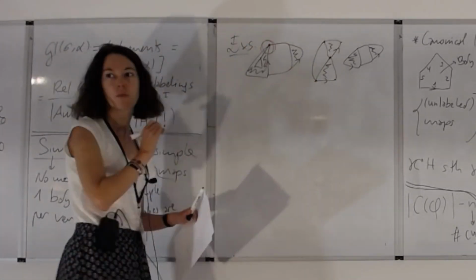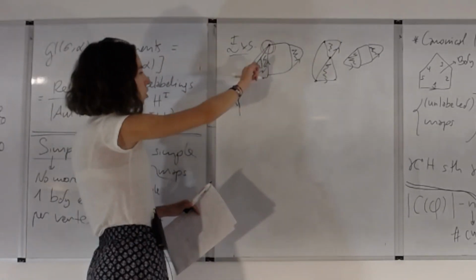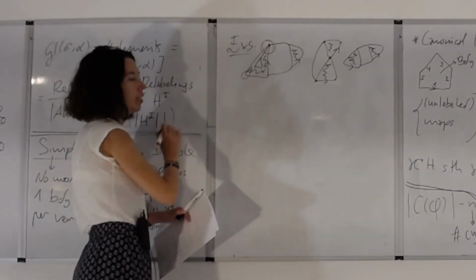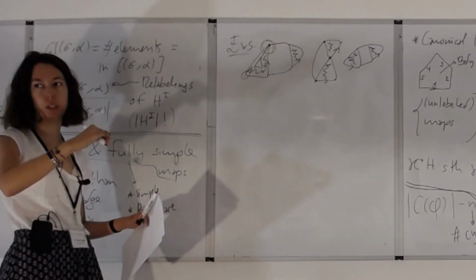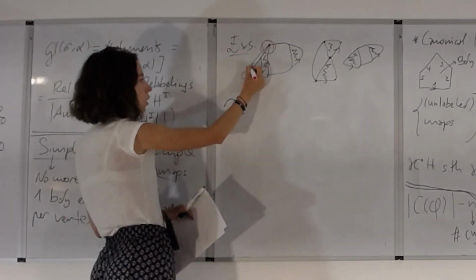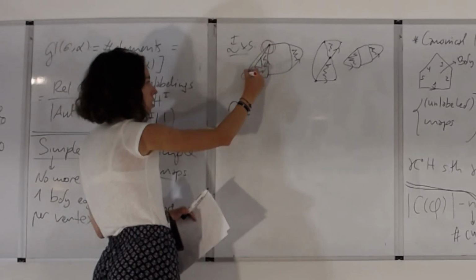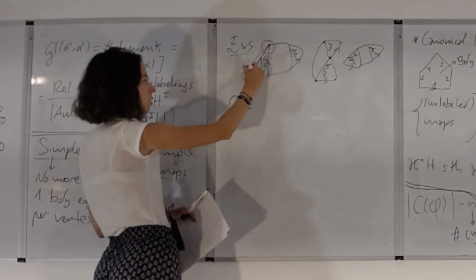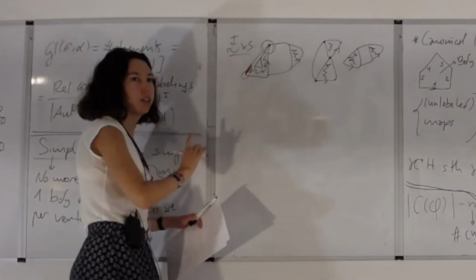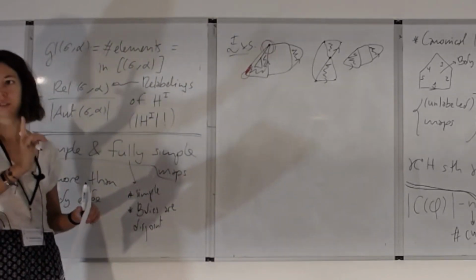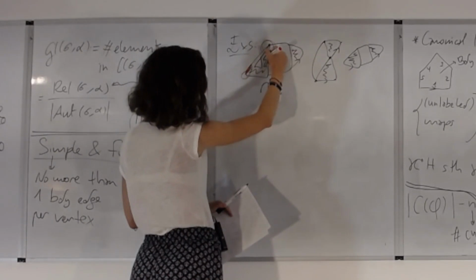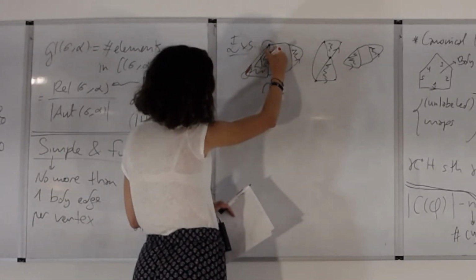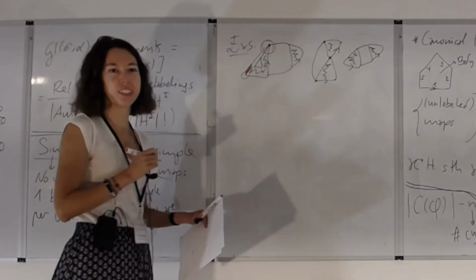So this vertex is simple because there is only one half edge incident to it, if we consider that this one is the incident one. But this one, as we counted before, has 2 incident half edges. Why is the previous one not 2?